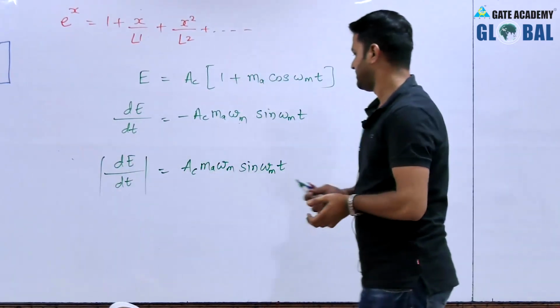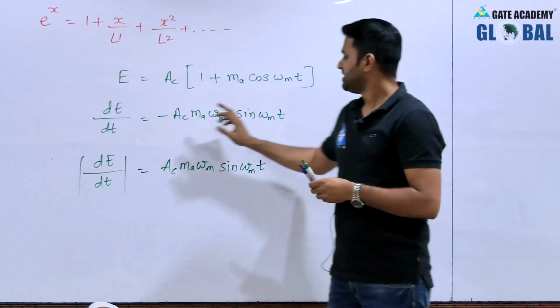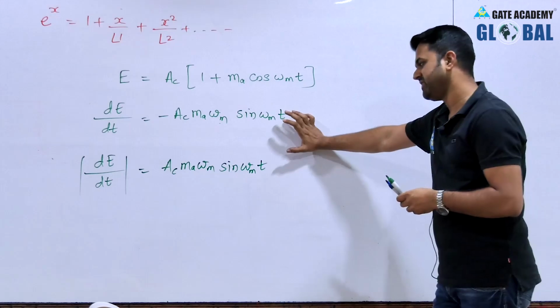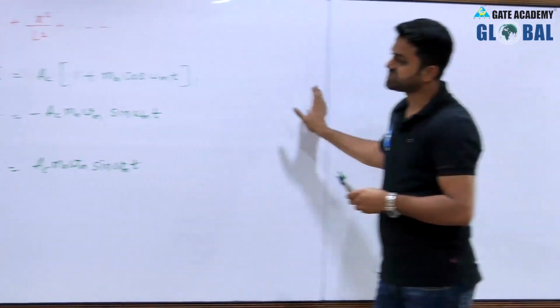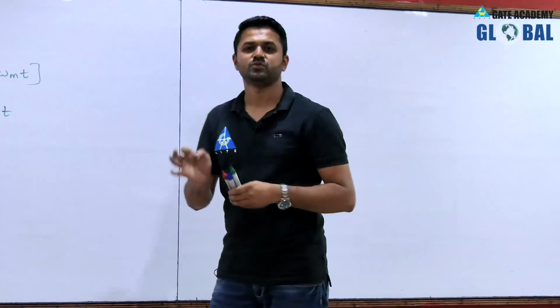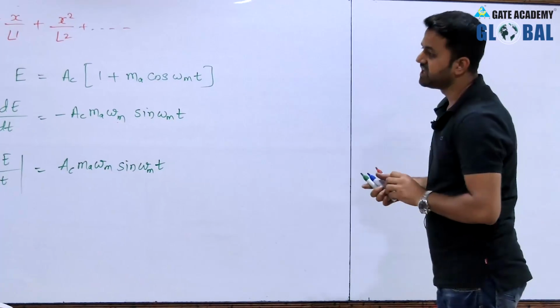We take just the magnitude of it, with the positive sign only. If I considered the maximum value of sin ωₘt, it would be Ac mₐ ωₘ, but we do not have to consider the maximum value; we just need the magnitude.